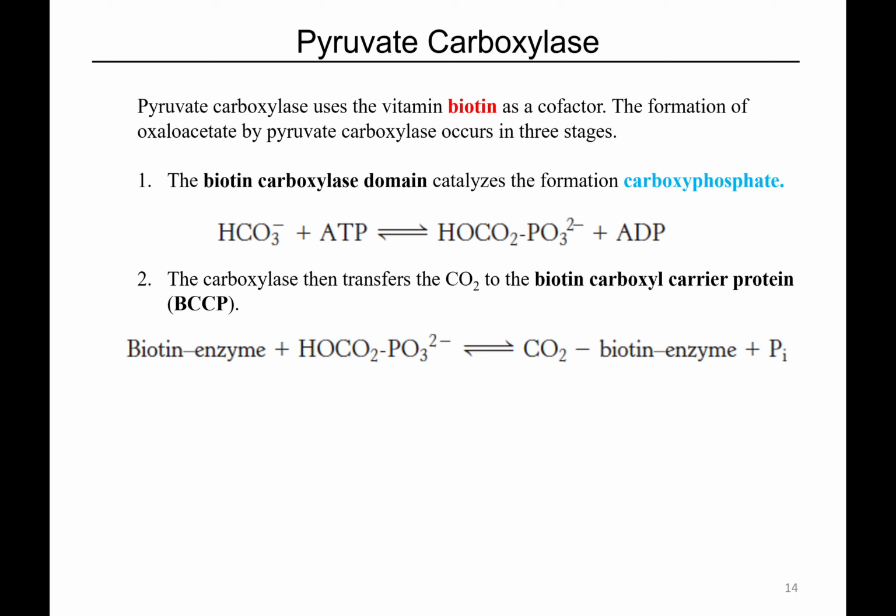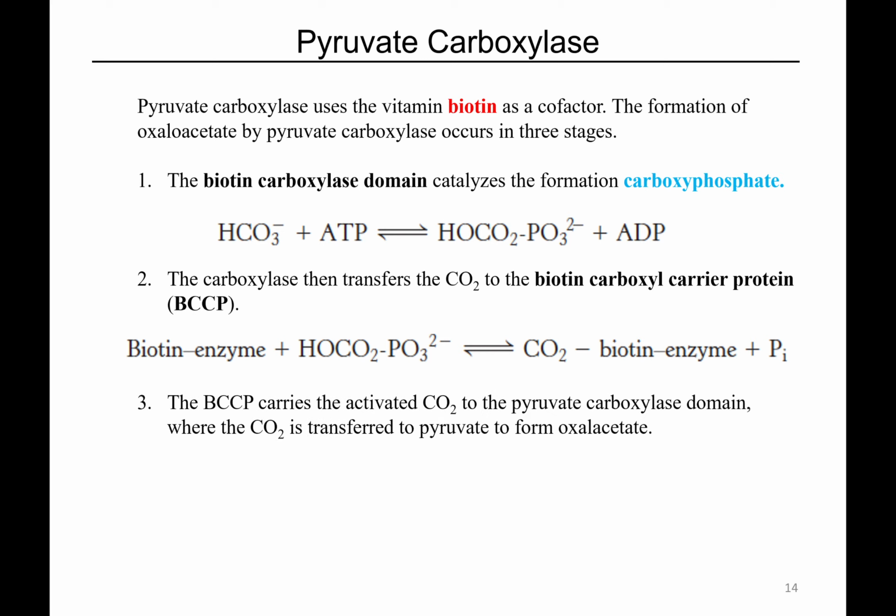The biotin carboxyl carrier protein then swings over to our other active site. Now that it has CO2 on it, it swings over to the other active site where the CO2 is transferred from biotin onto pyruvate. At this point, that reaction is driven by breaking the bond between CO2 and biotin.